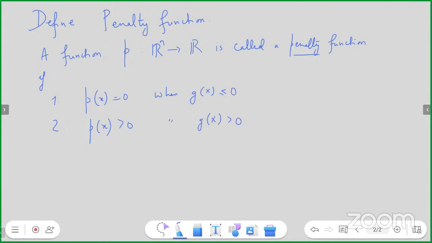So give me an example, anybody? Any example for a penalty function? Distance from the set where g of x is less than or equal to 0. There's nothing left for distance when g of x is inside it.